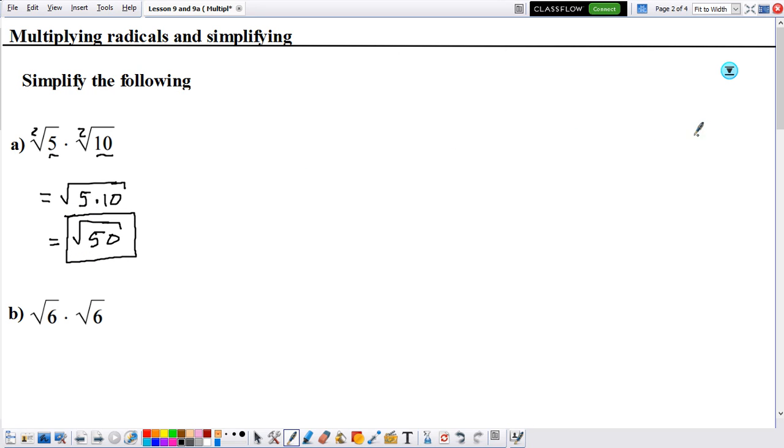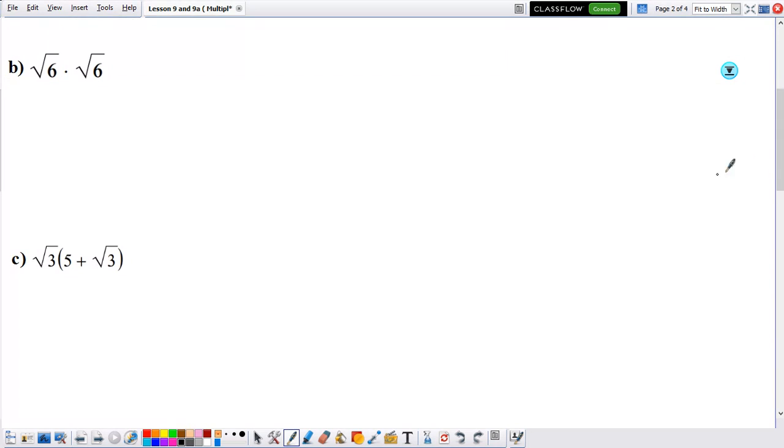Let's try that again. Example B. Don't pay too much attention to C yet. If we look at B, we want to multiply the square roots. Do they have the same root here? Yes. If you don't see anything there, there's always an imaginary 2. Now that we know they have the same square root, if we're multiplying, we're just going to be multiplying the insides.